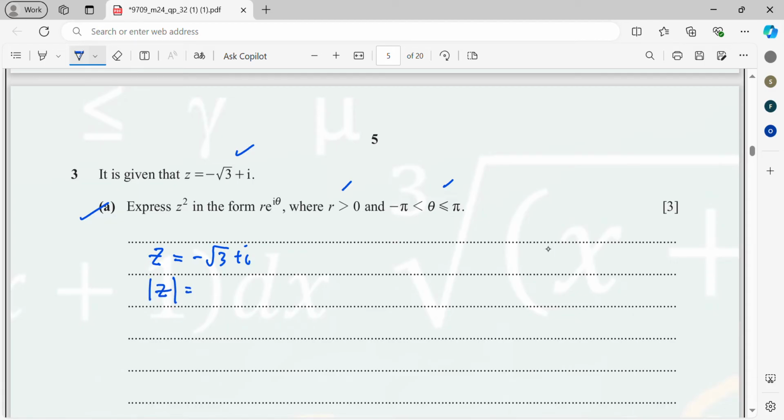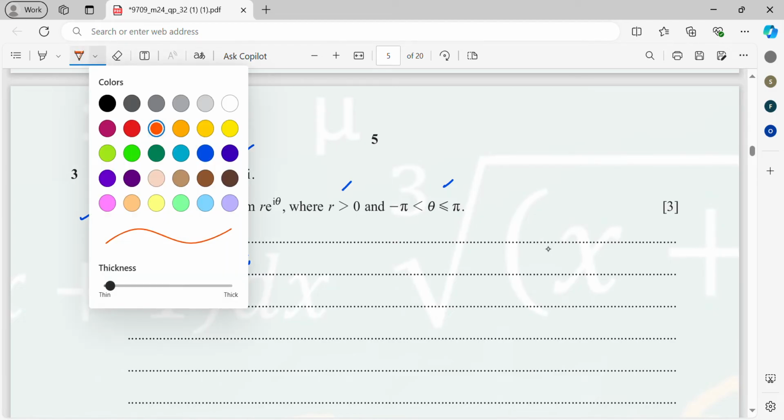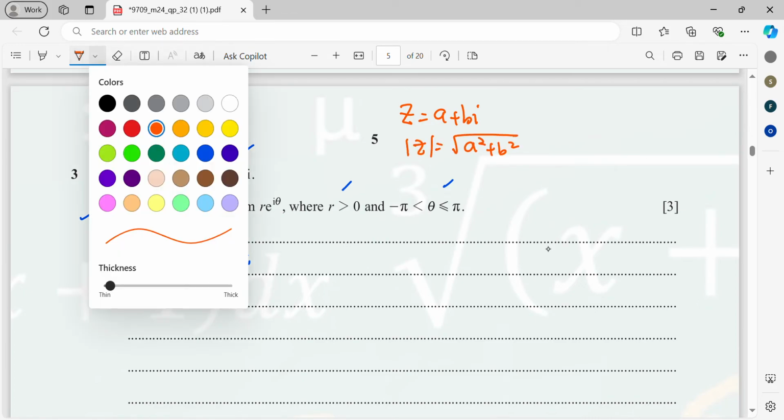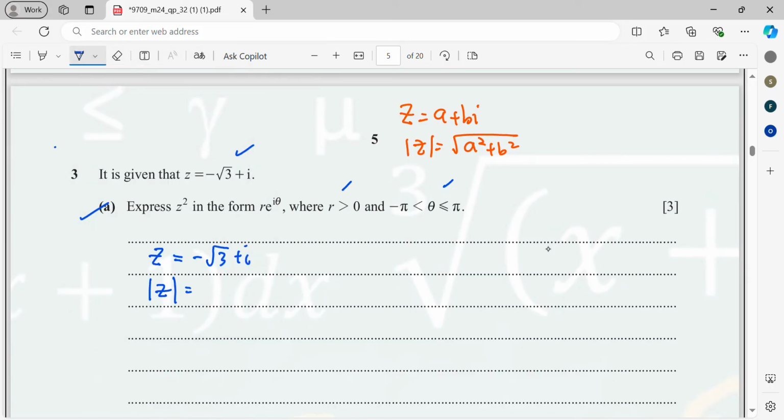Now, let's say your complex number is a plus bi. So the modulus is basically square root of a squared plus b squared. Then from here I will be getting square root of negative root 3 squared plus 1 squared, because it is 1i. So from here you will be getting square root 4, and at last this is 2.